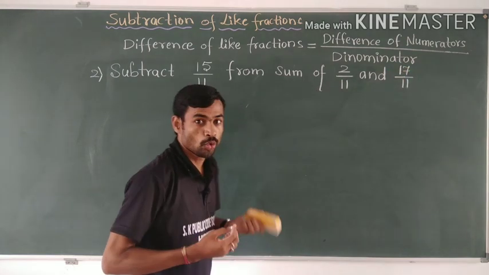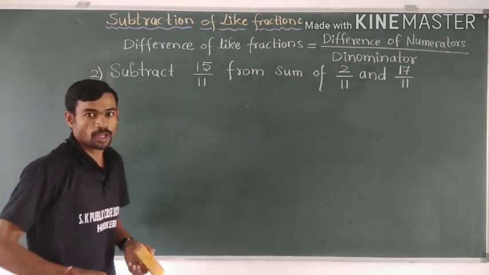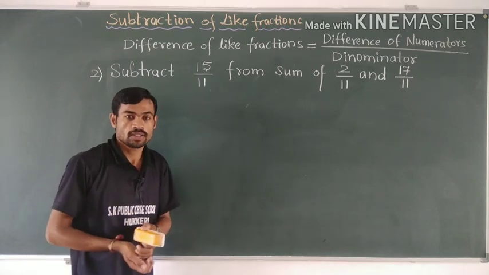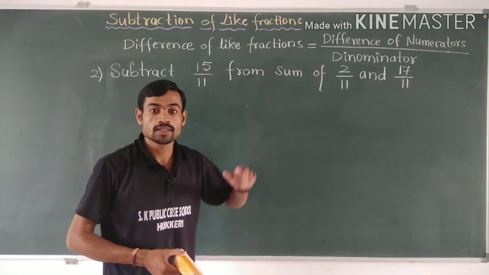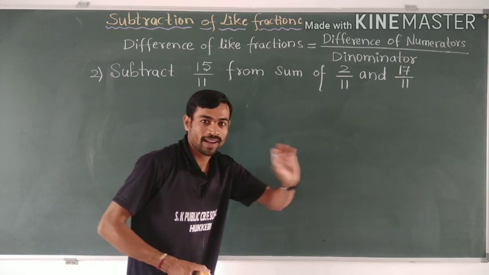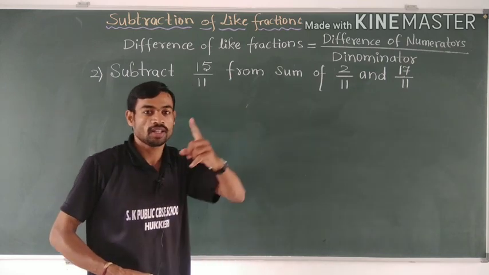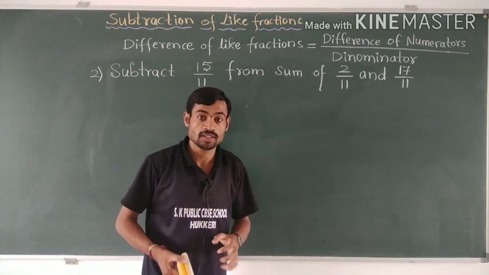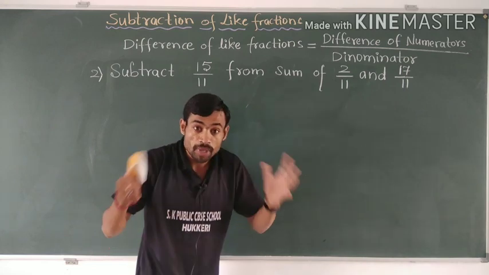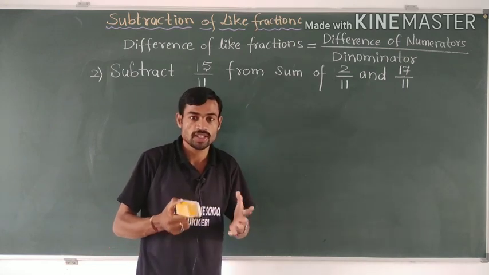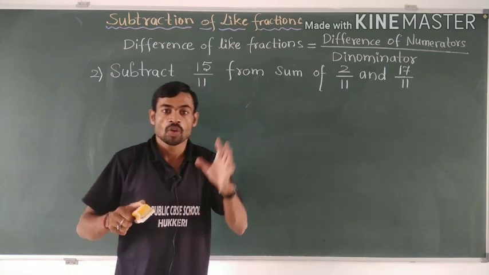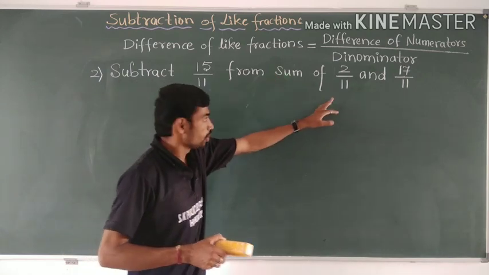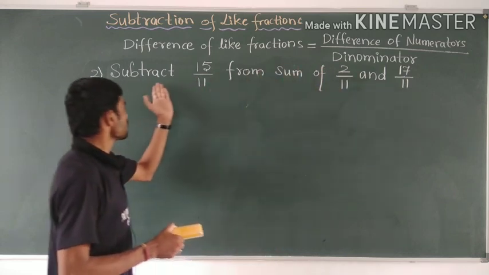My dear students, they won't always ask the questions directly as we solved in the first example. In competitive examinations they mix the questions, meaning they include both addition and subtraction.